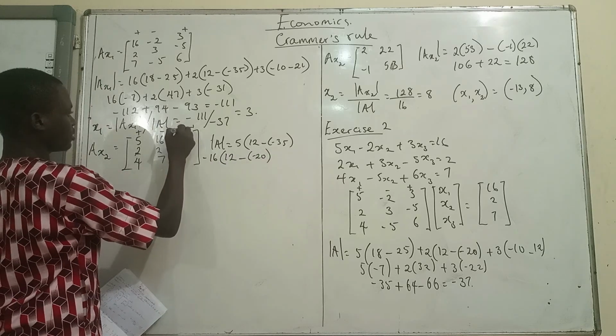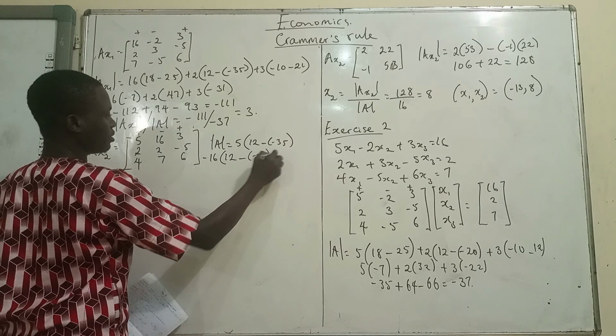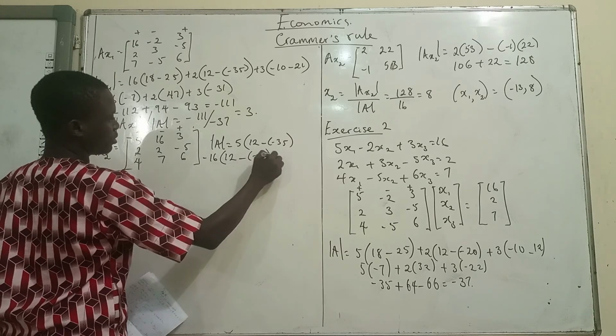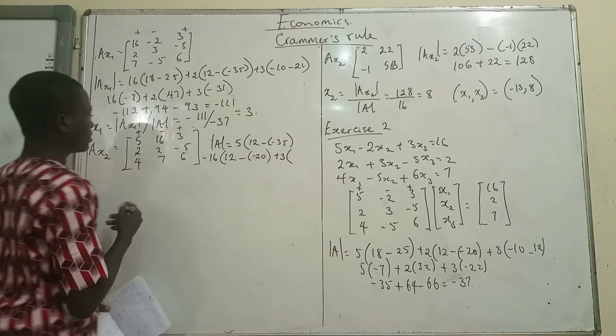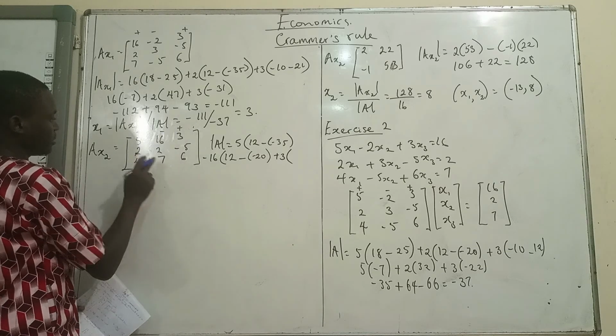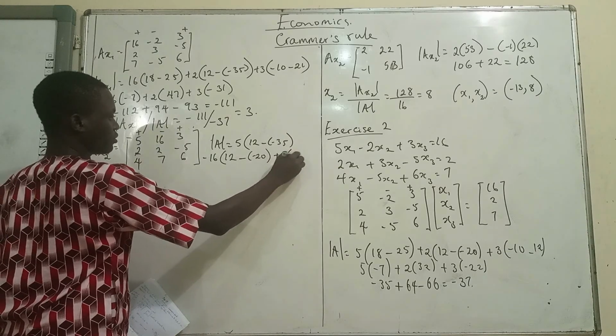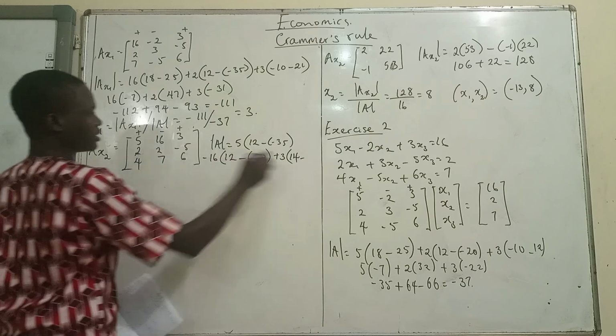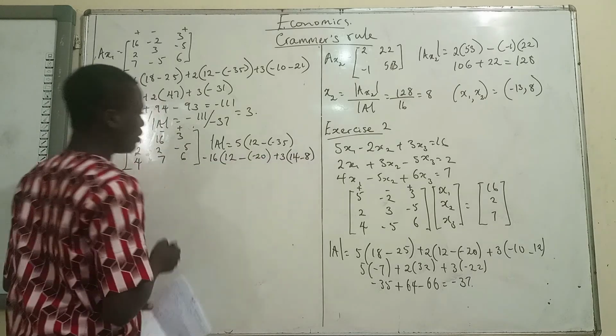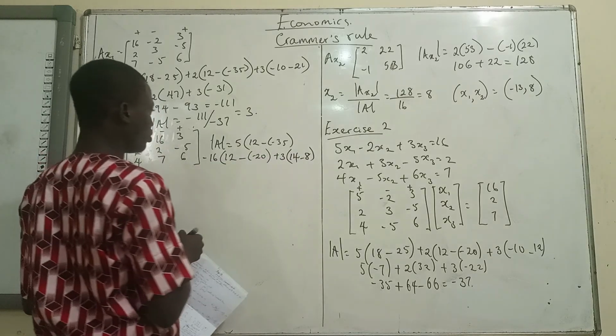Then this is plus, right? So plus 3 into brackets. This takes this. 2 times 7 is 14. 14, right? Minus 4 times 2 is 8.